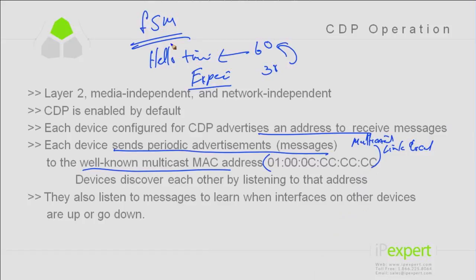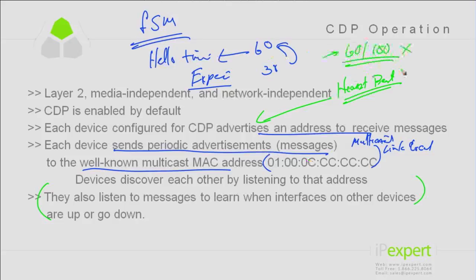Now, when we go through here, the other main element to this, possibly the biggest benefit, is that we're now going to rely on this information and we're going to treat it like heartbeats. So these heartbeats, these hello messages, are going to be exchanged on that 60, 180 second frame, to where if I miss 3 of these, then I'm going to bring the link down, and I'm going to actually expire any information that I have in my CDP table.